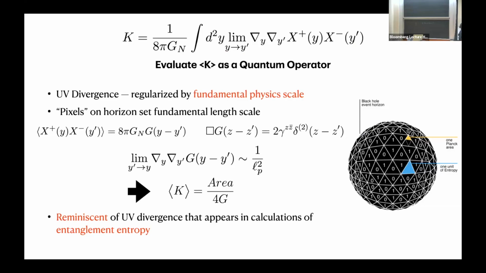It just depends on G Newton in a way that's totally unsurprising, times this transverse Green function in the transverse Laplacian, which I've just, for reference, written down here. So if you just take the vacuum expectation value of both the left and the right-hand side, what you find is that you get a divergence from this delta function.